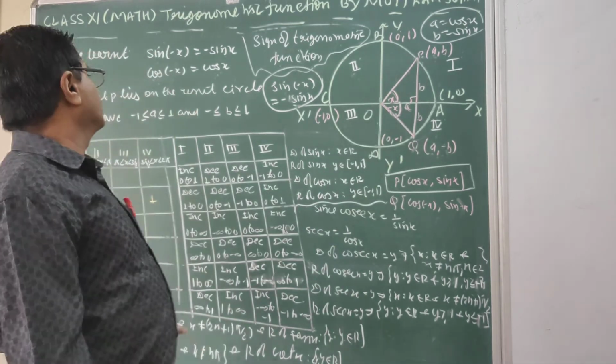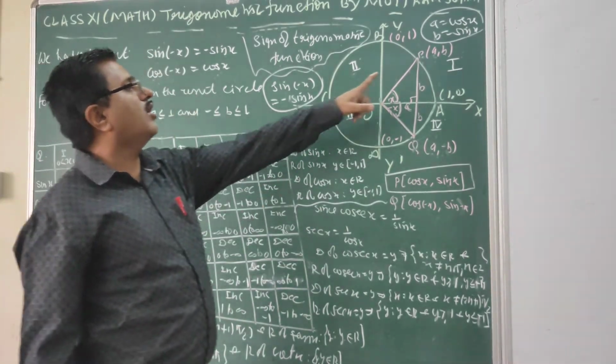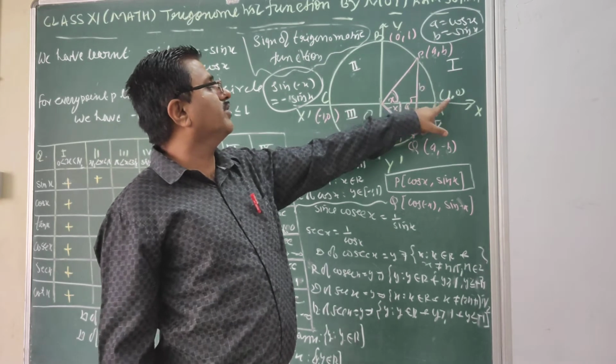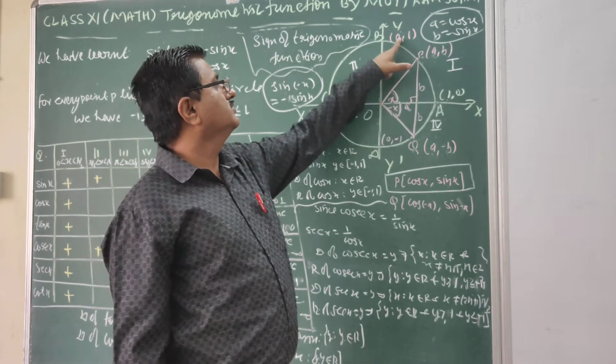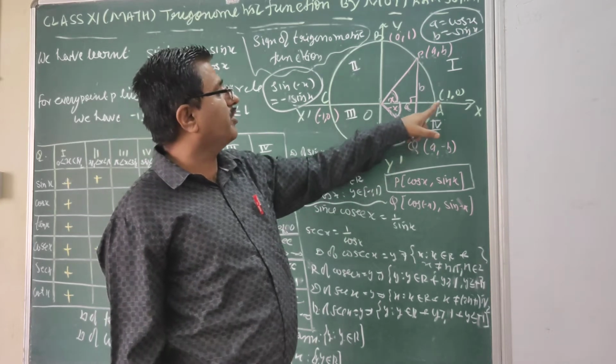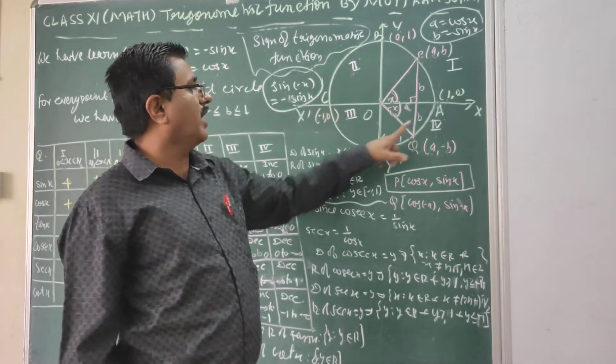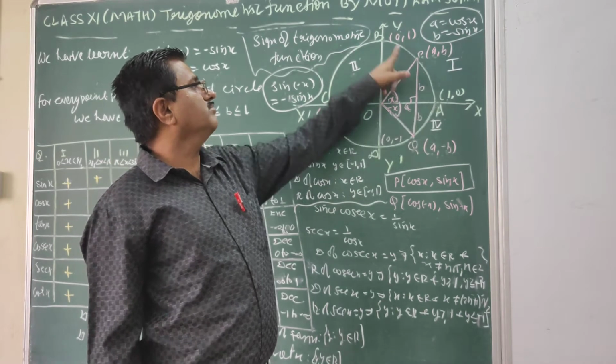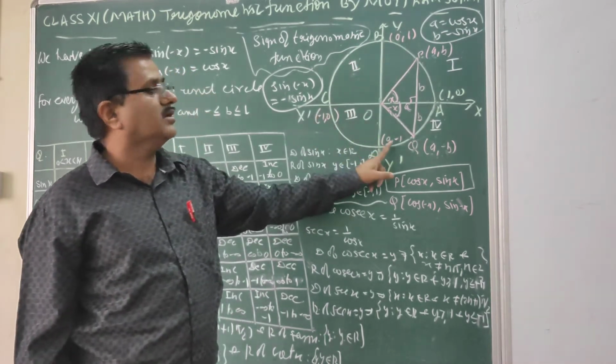So the value of a for this circle varies over 1, 0, minus 1, 0. That is, the x coordinate of each point A, B, C, P may be 1, may be 0, may be minus 1, 0.